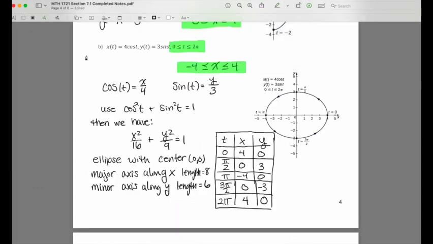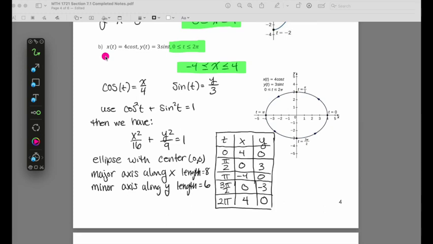All right, looking at this example here, we have x is defined as 4 times cosine t, y is defined as 3 of cosine t, and t goes from 0 to 2 pi. So if we want to put this in terms of x and y, the first thing that I thought of doing was to use inverse cosine to solve for t and then plug that in for this t here.